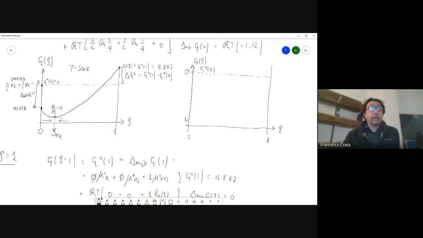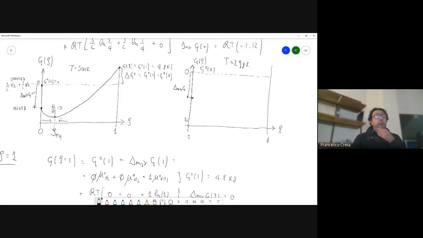You will have now, again, a mixing Gibbs energy decrease, okay? This is a temperature of 298 Kelvin, okay?